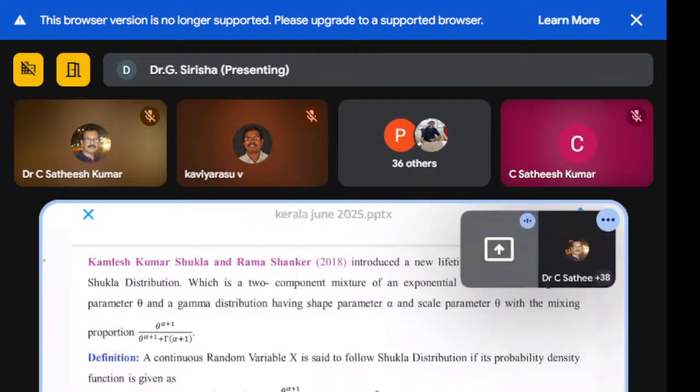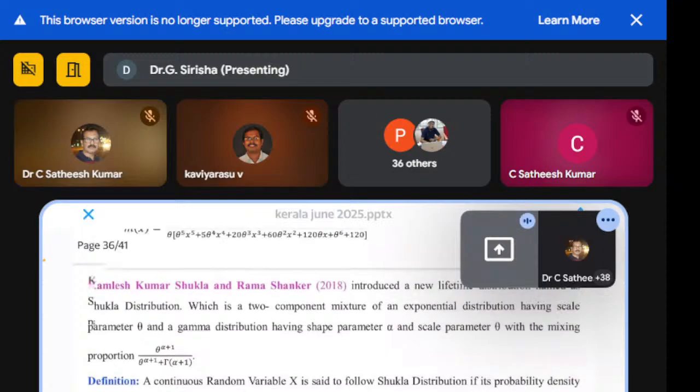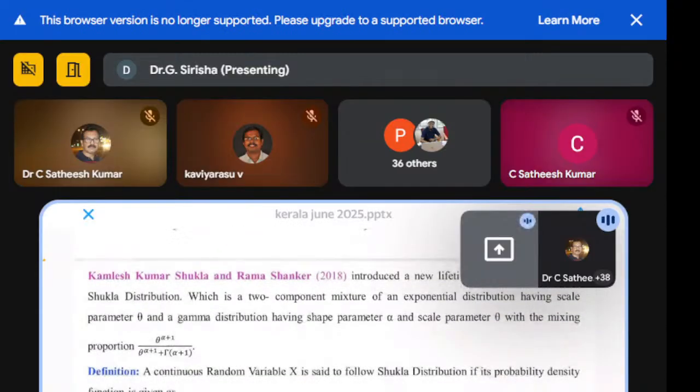Then the other distribution is derived by Kamalesh Kumar Shukla and Rama Shankar. This distribution is named Shukla distribution. Here they have considered two components again, exponential and gamma. In exponential they took scale parameter as theta, and in gamma they took shape parameter as alpha.